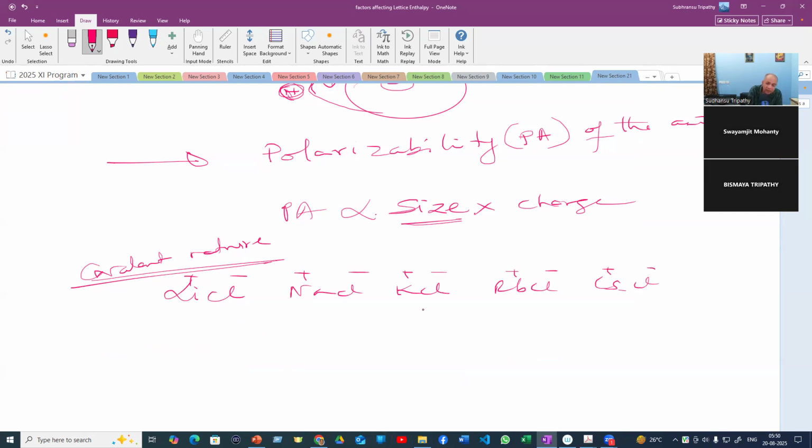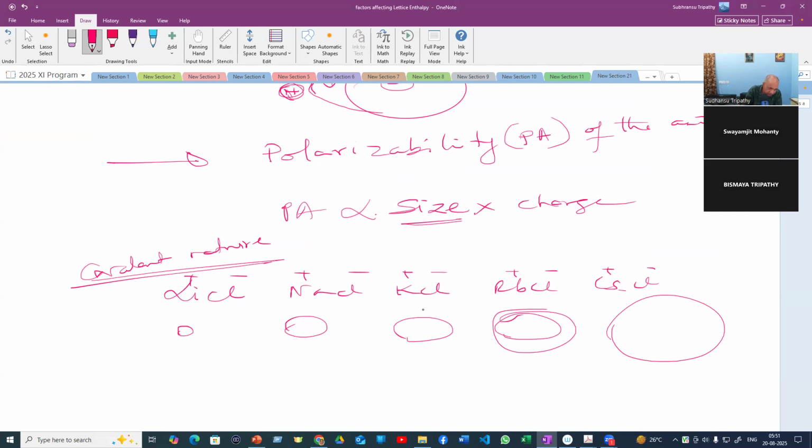Which will have the highest covalent character, which will have the lowest? Here the anion is the same. Only the cation, we are now only looking for the polarizing power of the cation. On that basis, we will say which has the highest covalent character and which has the lowest.